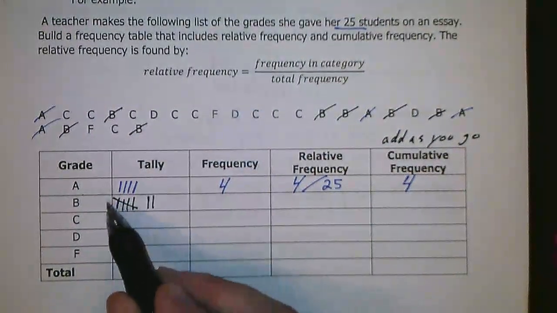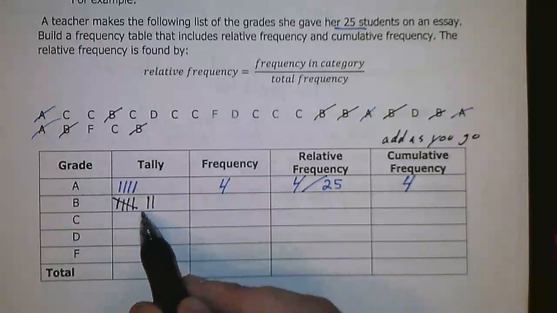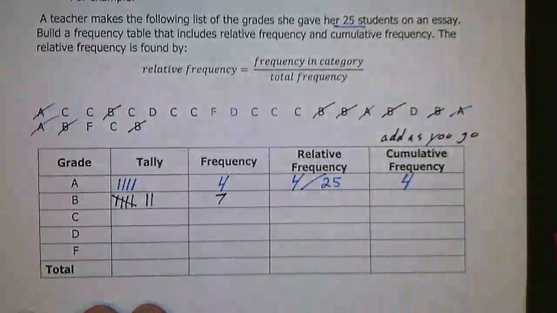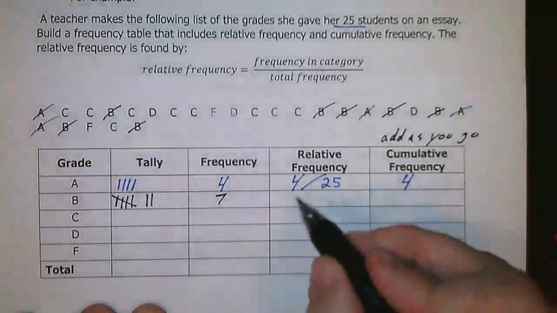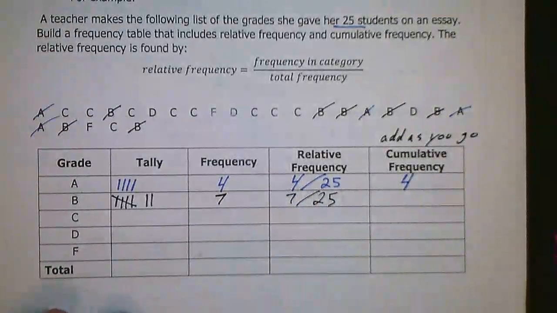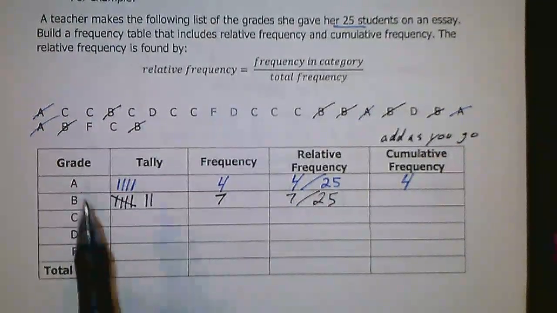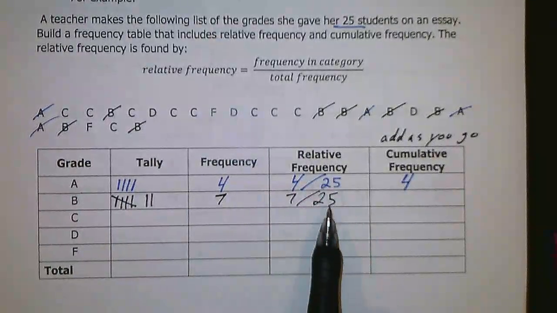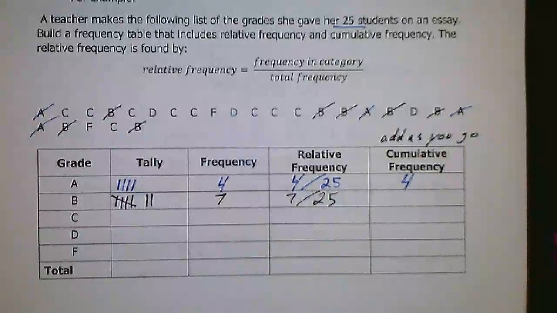Again, 1, 2, 3, 4, and the diagonal 5. So 5 plus 2 makes 7. So 7 out of 25 students. That's our relative frequency. The number of students who made a B, 7, out of the total, 25.